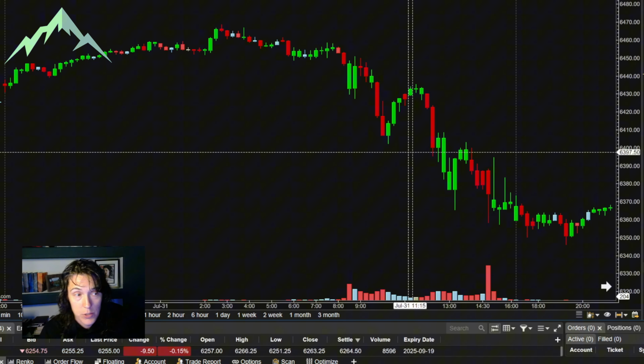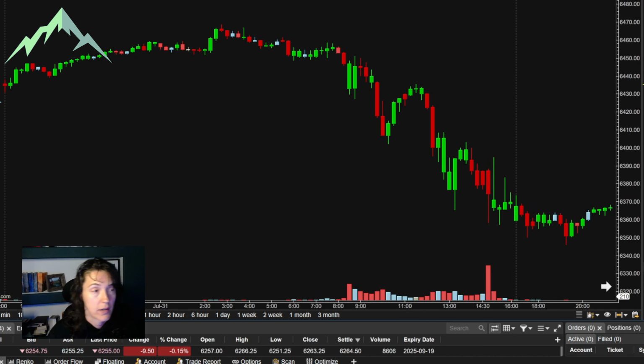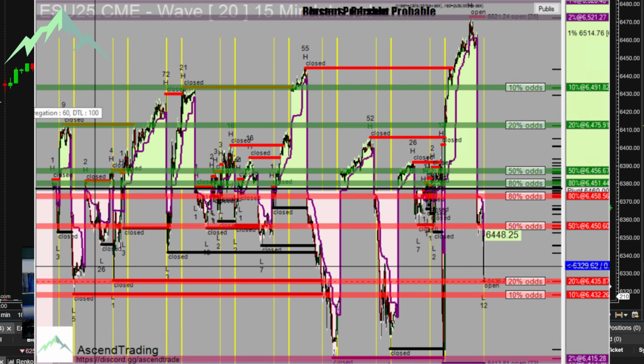Now, where did we end up trimming on this particular area? First and foremost, going back to our fractals charts, we wanted to understand where an informed trim was. Going back to our 20-wave 15-minute, we saw that we had 20% odds and 10% odds of continuation at 64.35 and 64.32.